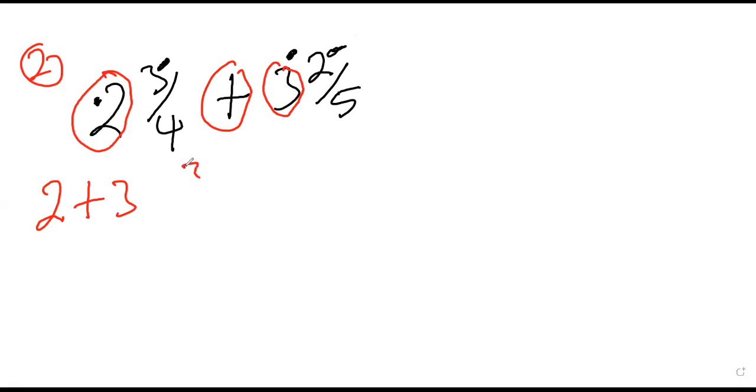Then you're going to have 3 over 4, then plus 2 over 5.